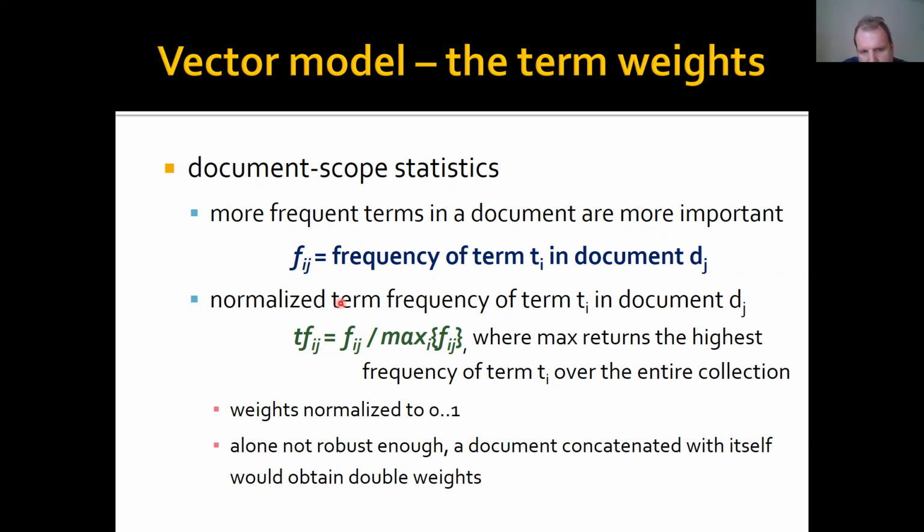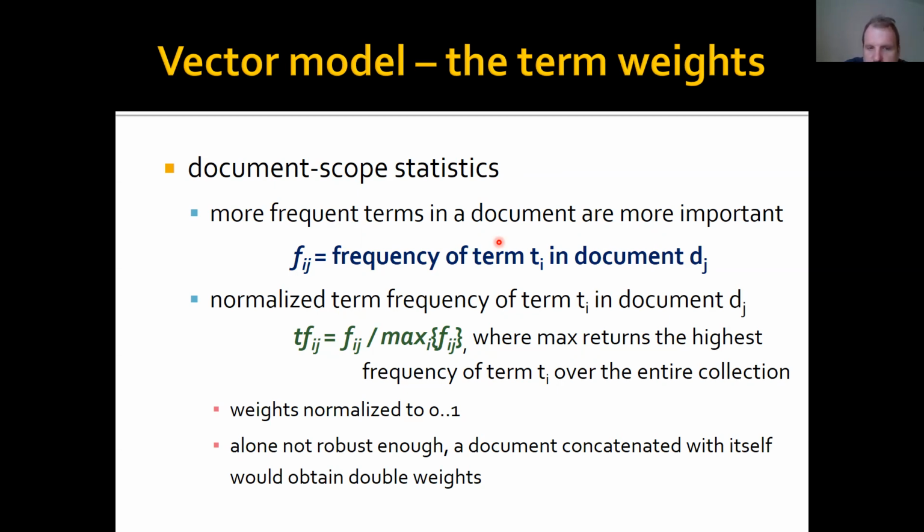Then we will normalize this Fij, because if we do not normalize, we get very incomparable interpretations of what's important and what's not. Some term could be very frequent in one document and less frequent in another, but in the other document it could actually be more important because the document has a much lower total number of terms.